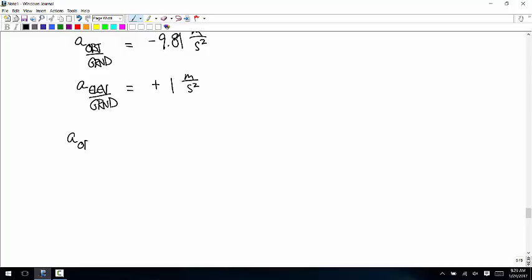So the acceleration of the object relative to the ground is equal to the acceleration of the object relative to the elevator plus the acceleration of the elevator relative to the ground.